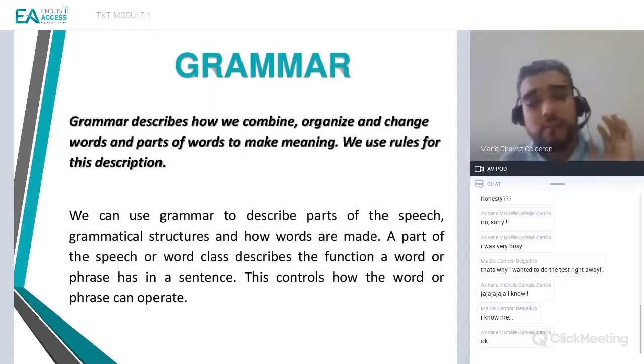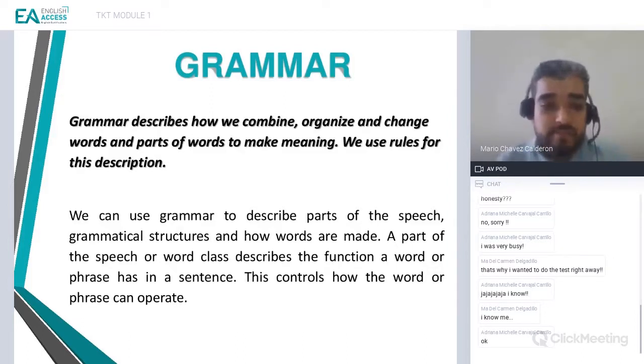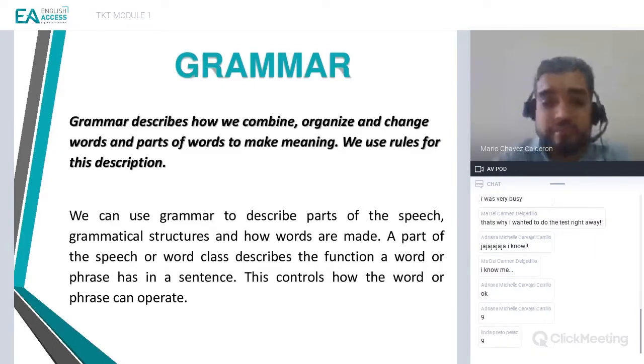Okay? A part of the speech or word class describes the function a word or phrase has in a sentence. This controls how the word or phrase can operate. Who remembers how many parts of the speech we have?